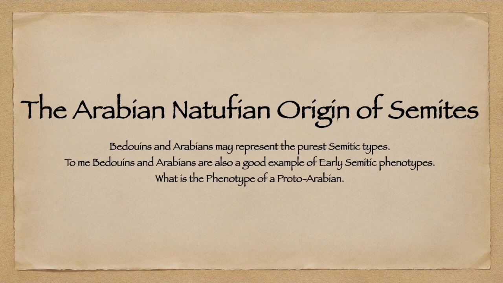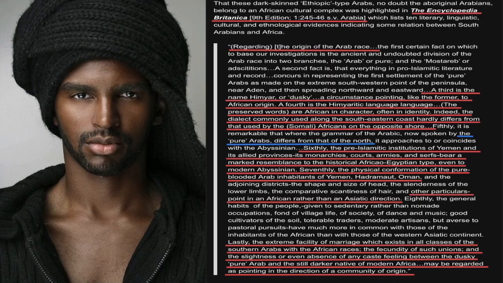What is the phenotype of a Proto-Arabian, by the way? So this actually deals with the Arabian phenotype, the Encyclopedia Britannica, and it reads, regarding the origin of the Arab. A third is the name Hamir or Dusky, a circumstance pointing, like the former, to African origin.